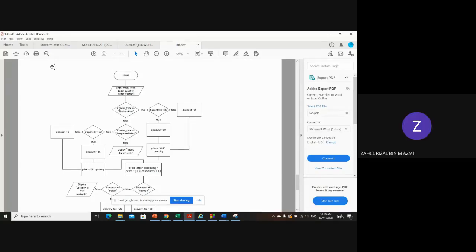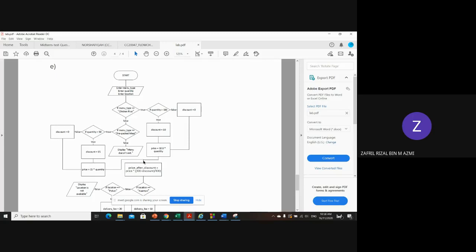Is it correct? Okay, so chicken rice over here, and then quantity 10, false. Okay, no discount. Price equal to 10 ringgit multiply by quantity. Is it correct, without discount? Yes, correct.